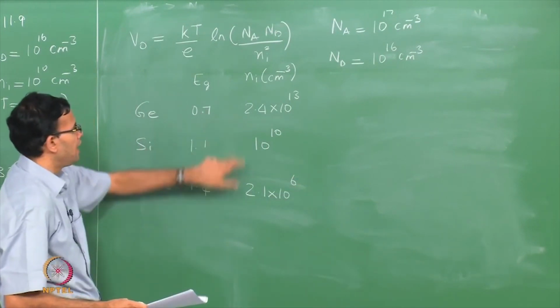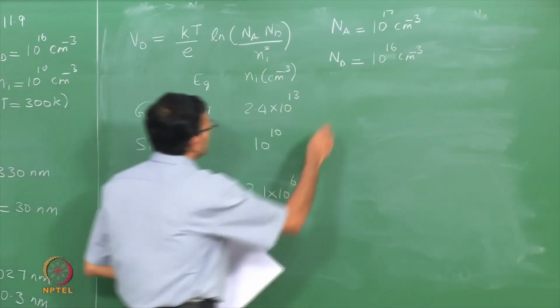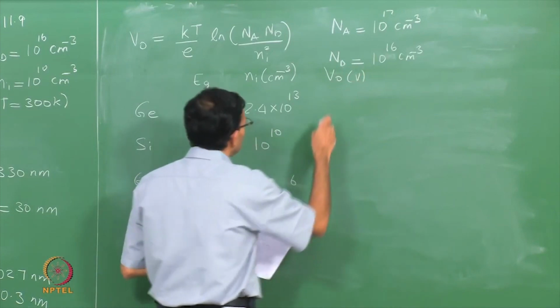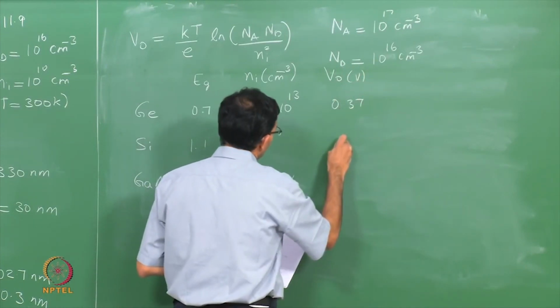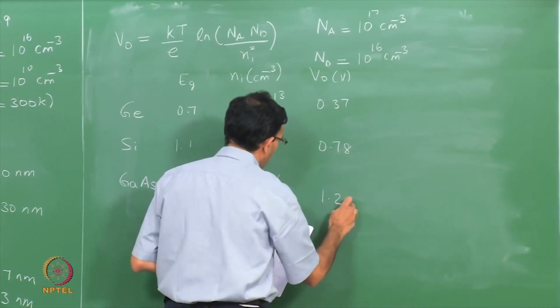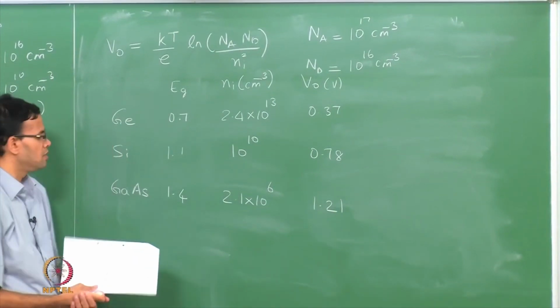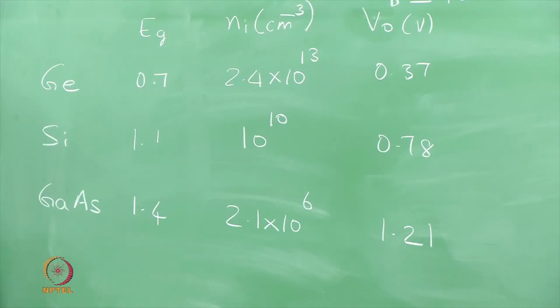If you plug these values into this equation, V naught in volts is 0.37, 0.78 and 1.21. So, the contact potential increases as the value of Ni goes down, and this happens when you have a larger band gap.